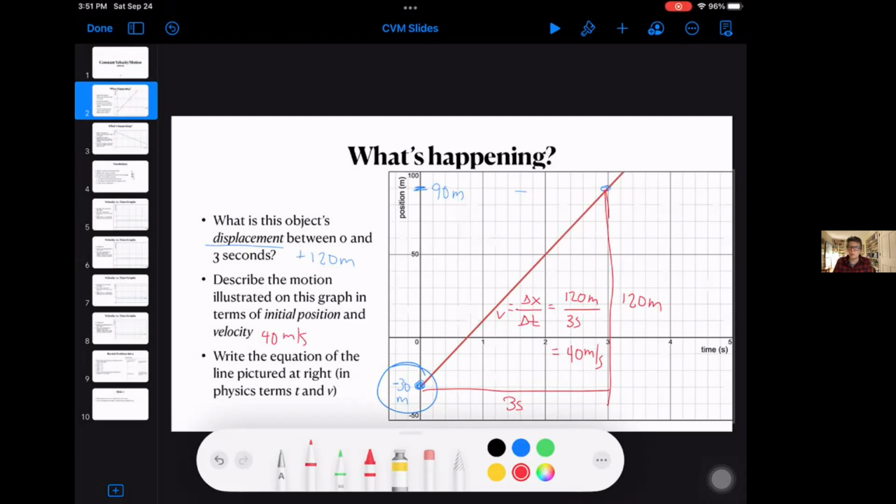And finally, let's write the equation of the line pictured on this graph right here on the side of your screen.